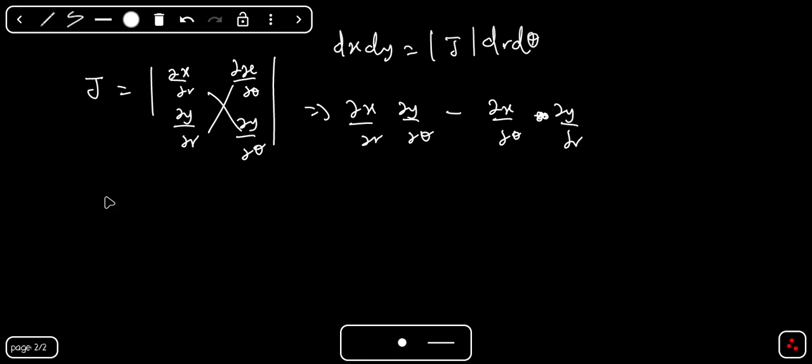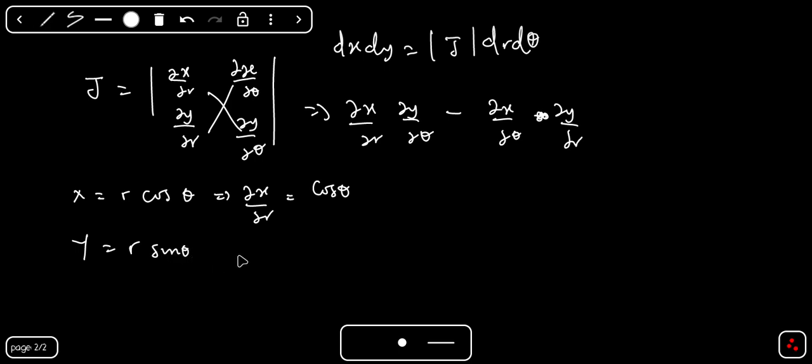So guys, let's find dx/dr. Don't forget that x is equal to r cos theta, so dx/dr will be equal to cos theta. And don't forget that y is equal to r sine theta. So what will be dy/d theta? dy/d theta will be equal to r cos theta, because if we differentiate sine theta, we're going to have cos theta.